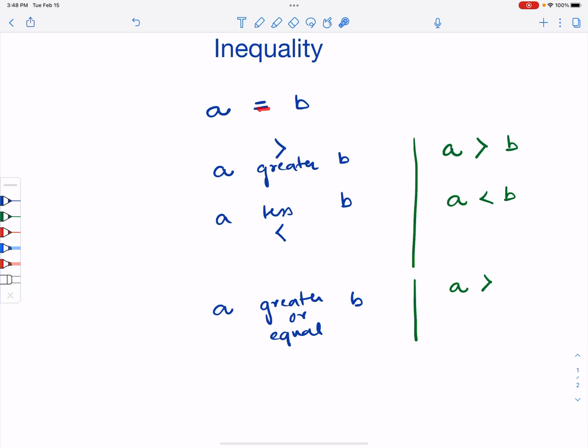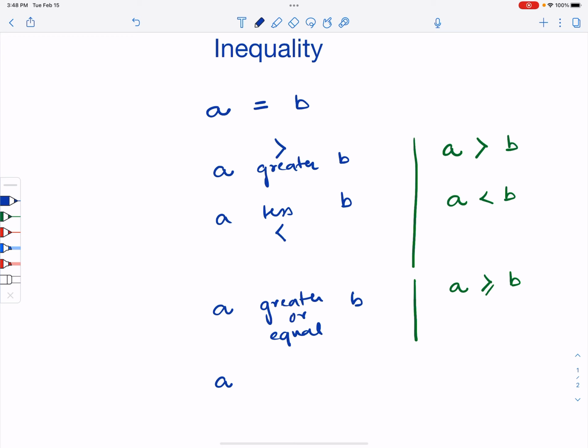See how the equal to has two lines? We put one of the lines underneath the greater than sign and then put the B on the right. This means that A is greater than or equal to B.